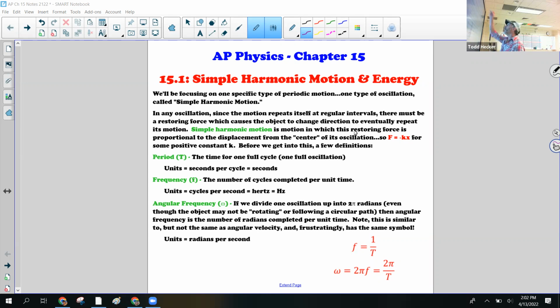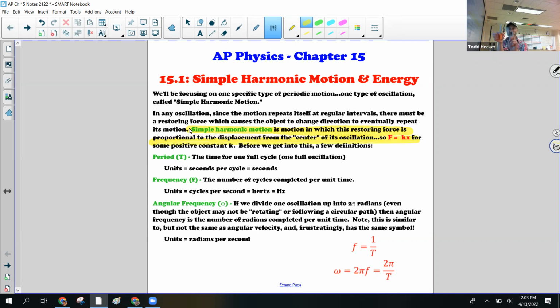What characterizes simple harmonic motion is the force that causes it to constantly change directions, to oscillate back and forth. Simple harmonic motion is motion in which that force is proportional to the displacement from the center of the oscillation.